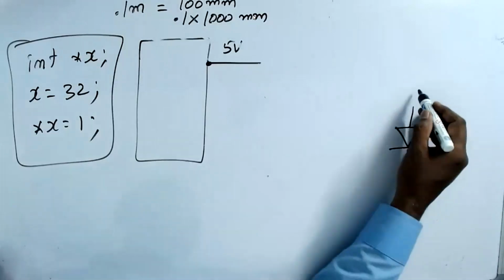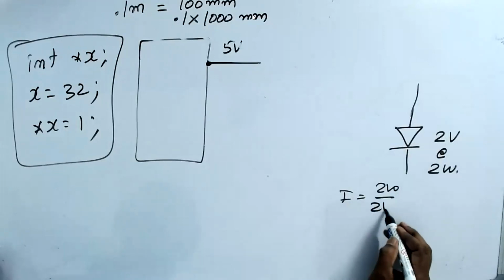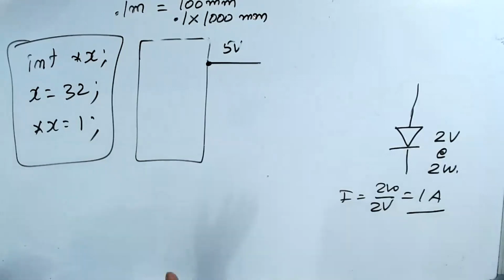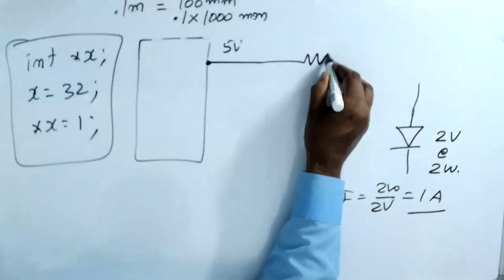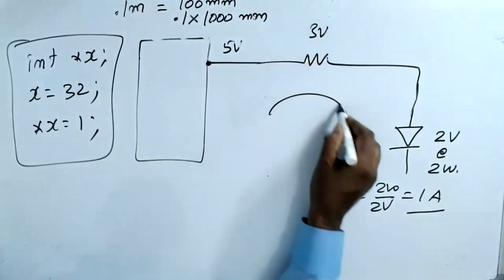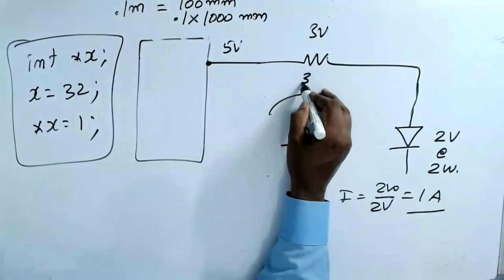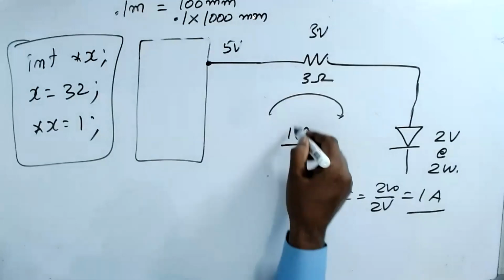That means the current I is equal to 2 watts divided by 2 volts, which is equal to 1 ampere. Understand? 1 ampere. Now, if I connect a resistor here, 3 volts, and the current is going to be 1 ampere, so I make a 3 ohm, because 3 volts by 1 ampere is 3 ohm.